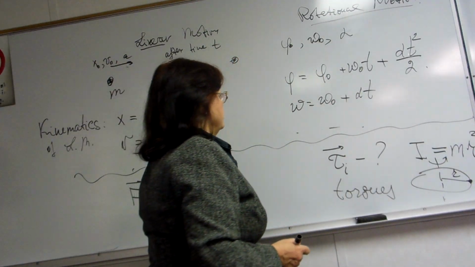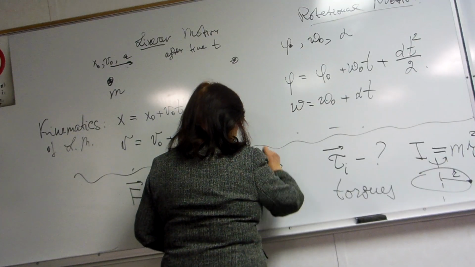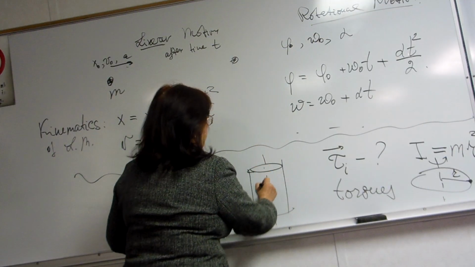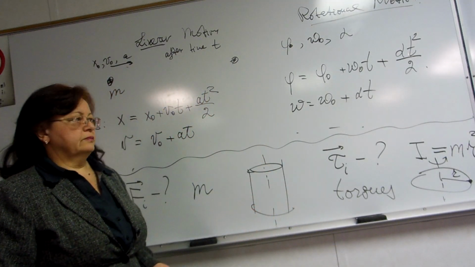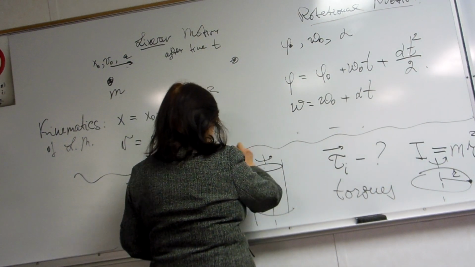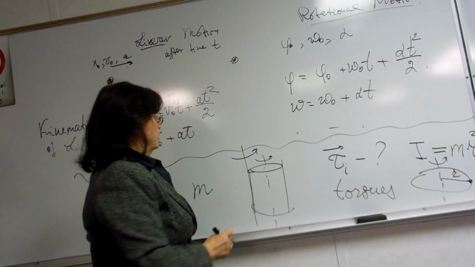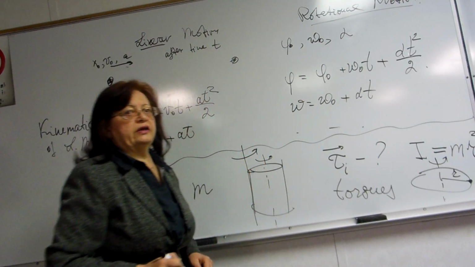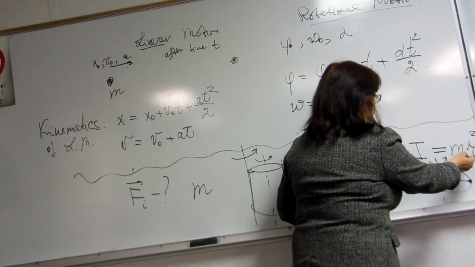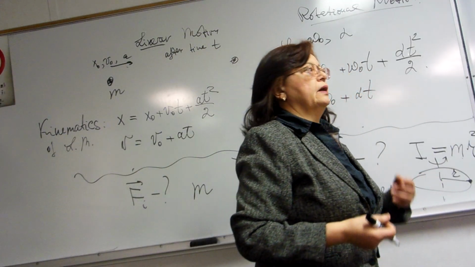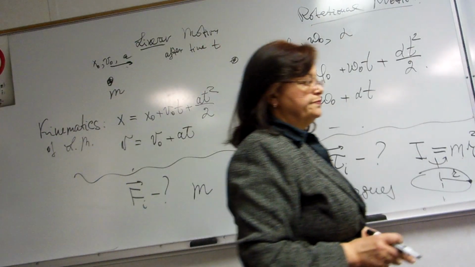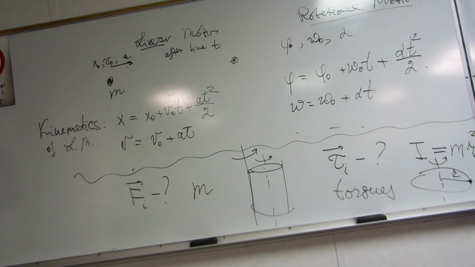So it means that the moment of inertia of a cylinder relative to an axis which goes through the axis of symmetry of that cylinder would be different if we take an axis of rotation touching the cylinder or any other position. So it would be a different quantity. So moment of inertia depends on mass, but also on how that mass is spread around the axis of rotation. It would be determined by that.